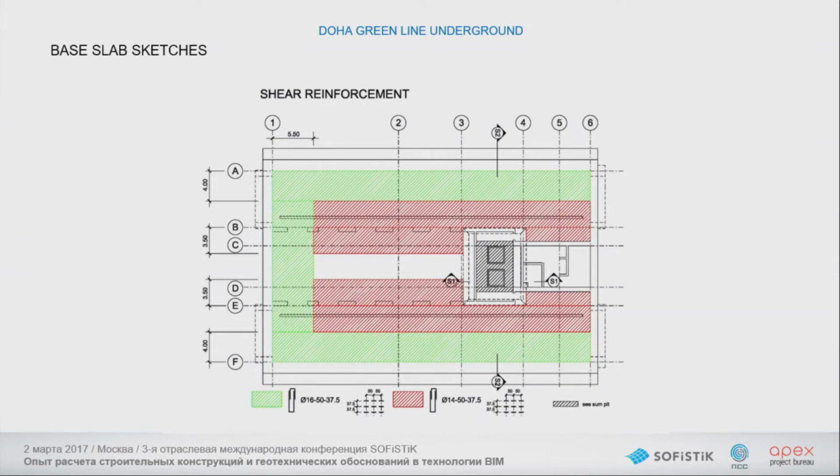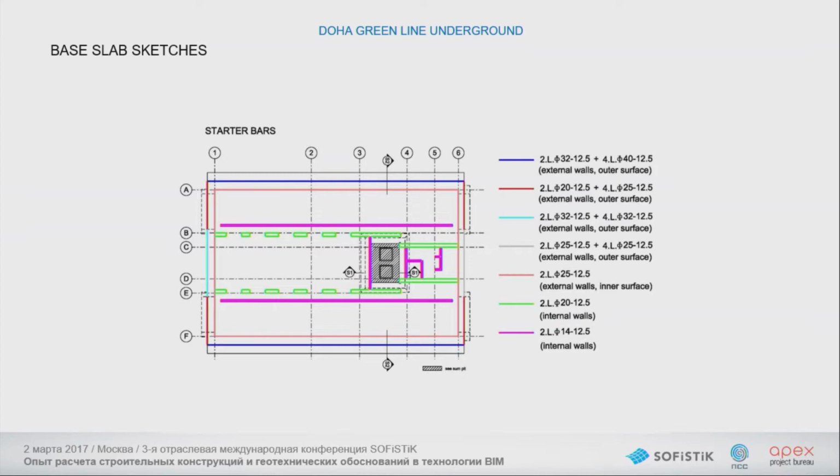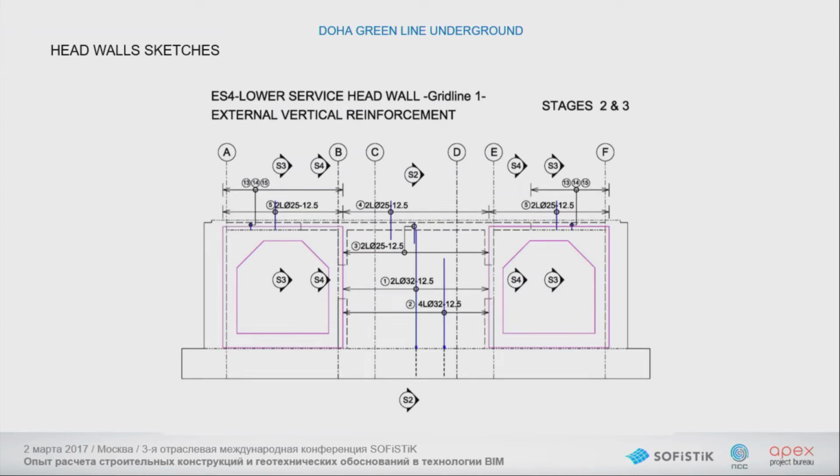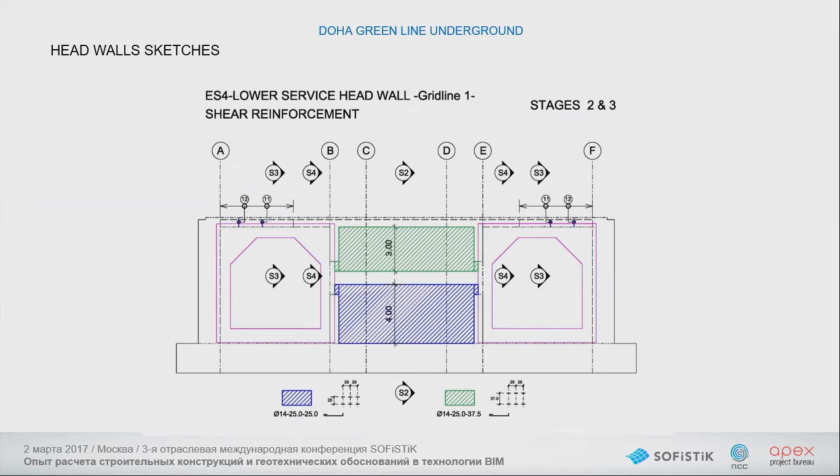This is the reinforcement, transversal reinforcement with a few different areas of transversal reinforcement for shear. Starter bars, because I think this is a slab of the foundation, and details, and more sketches to be drafted.